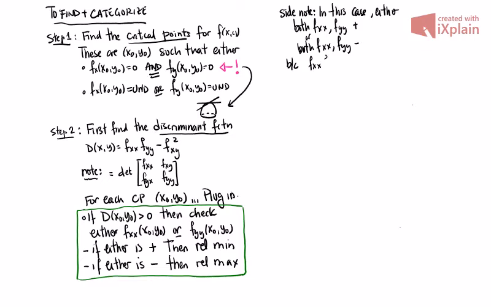So if you know that this is positive, and this is squared right here, then you know that f sub xx times f sub yy is greater than f sub xy squared. Now, the right side is positive, which means the left side is positive, which means these two have the same sign.